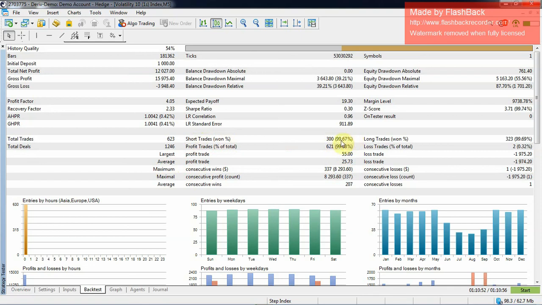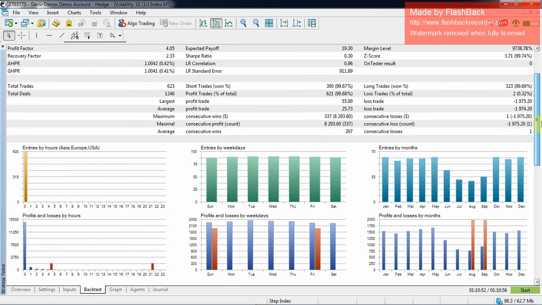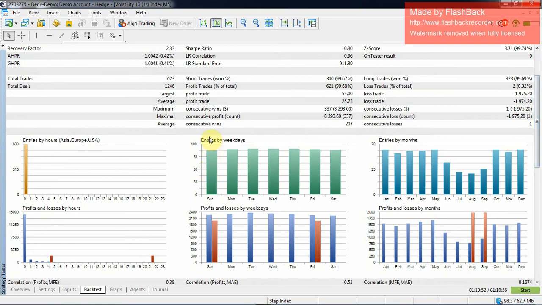That's why I got that 99.7% certainty that I can trade Volatility 10-1S. The long trades won 223, that's 99.69% wins.